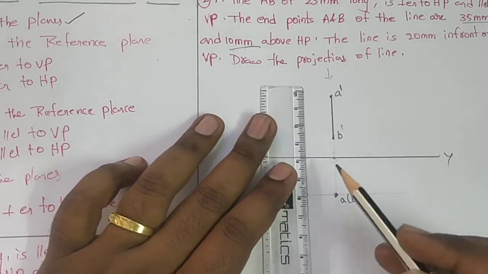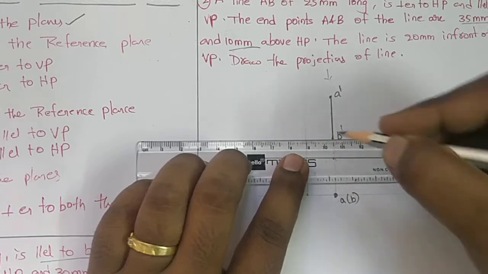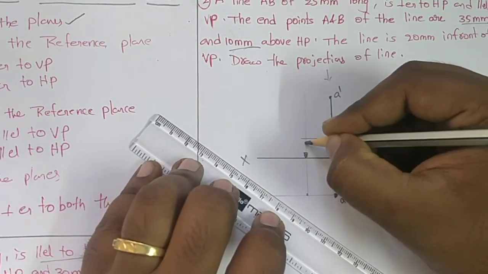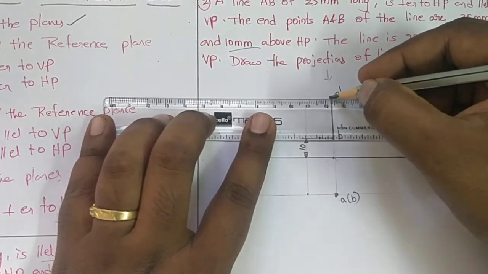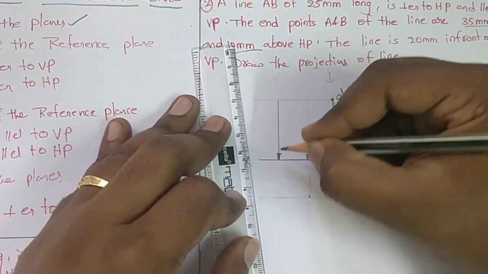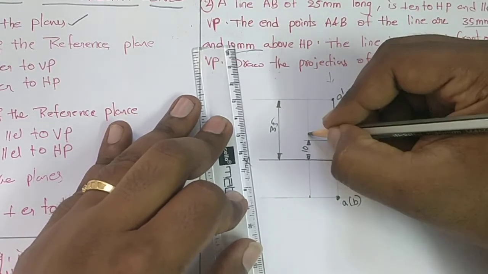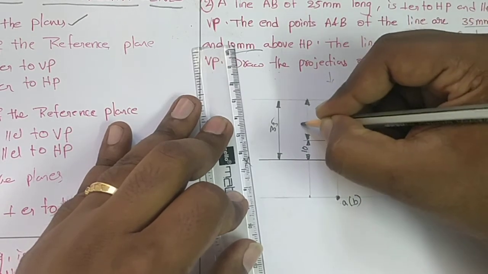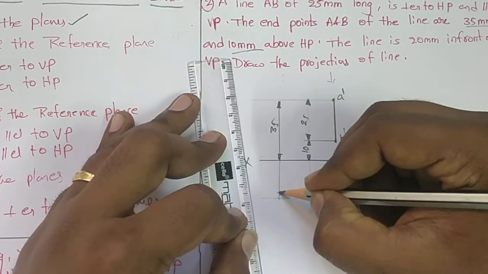After completion of projections we need to give the dimensions. The point B is 10 mm above HP, point A is 35 mm above HP, the length of the line is 25 mm, and the distance in front of VP is 20 mm.